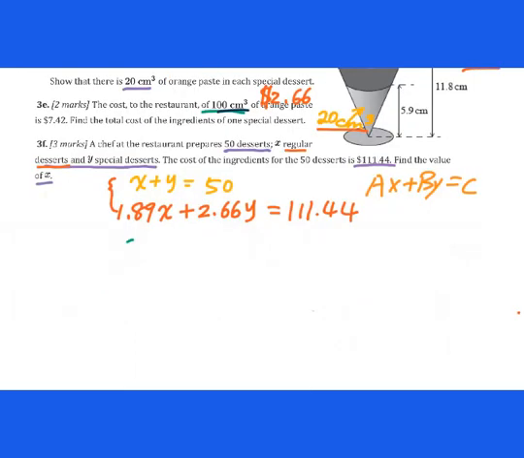Then we will get the coefficients 1, 1, 50. So we write down 1, 1, 50. Second equation, you will get 1.89, 2.66, 111.44. Then we go to the graphing calculator.